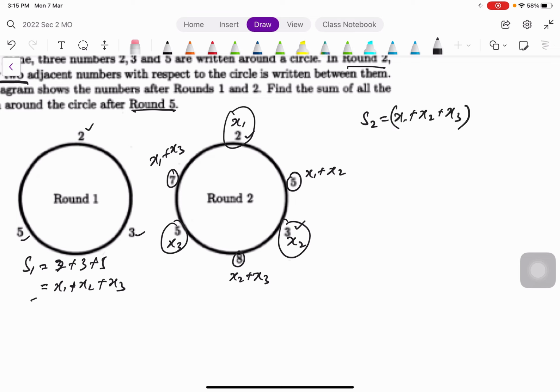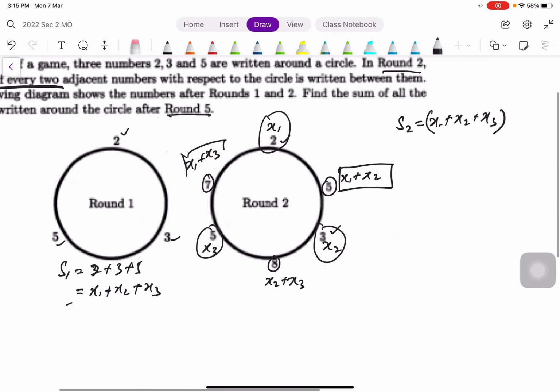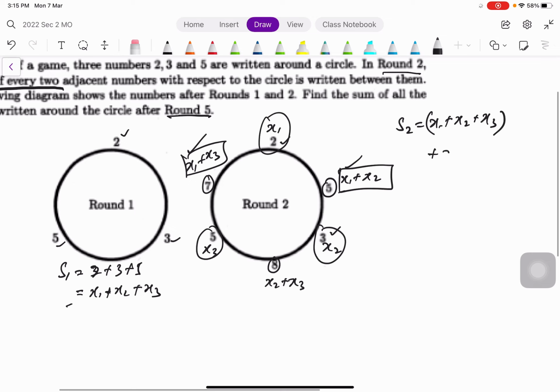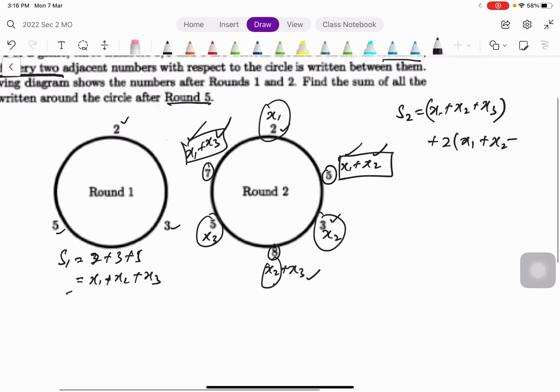Then can you see that your x1 is actually being used 2 times? Therefore, this is plus 2 times x1. And your x2 is being used 2 times, and your x3 is being used 2 times also.